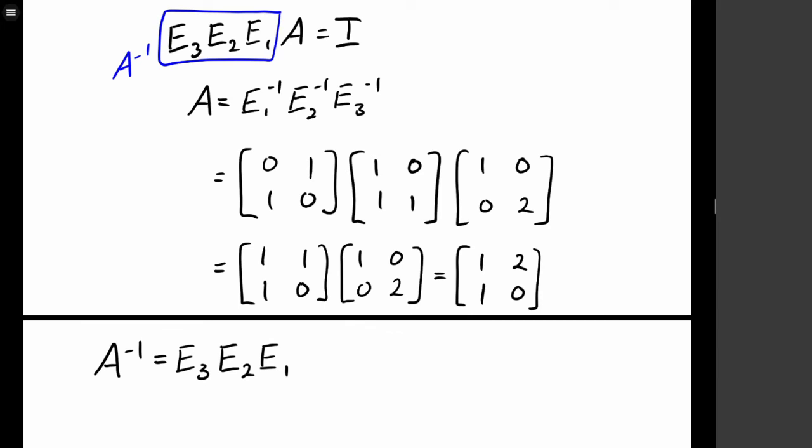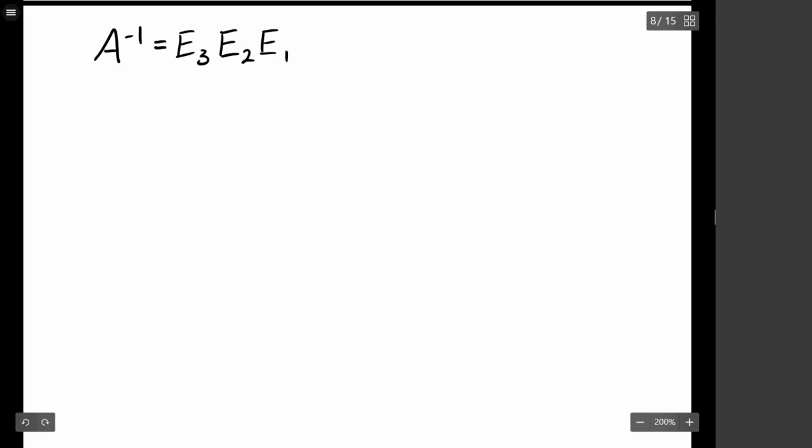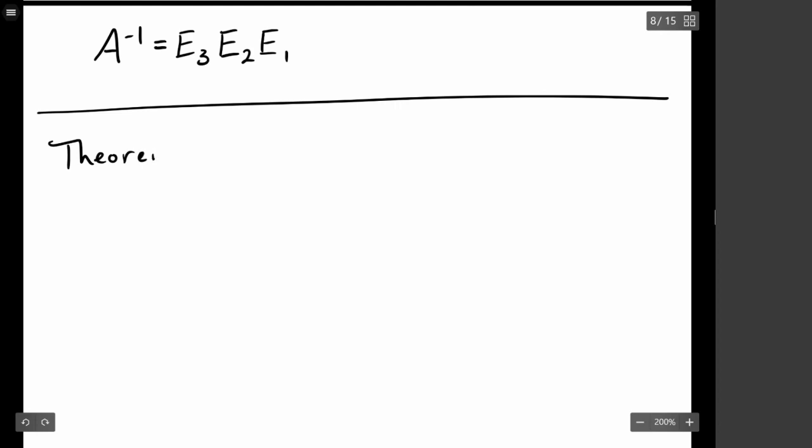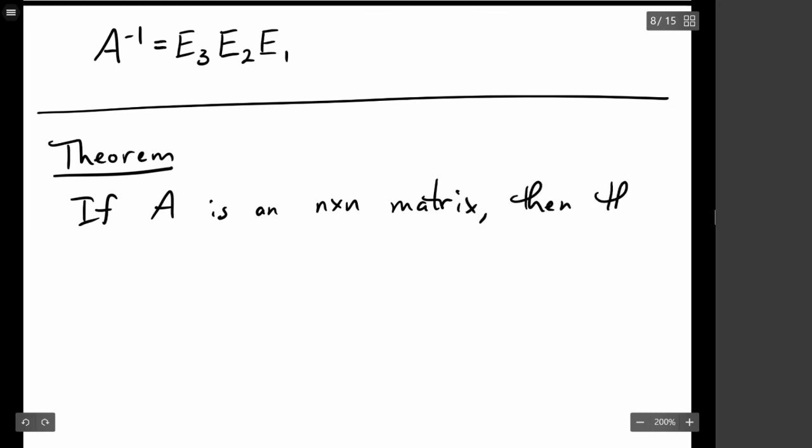So to wrap this up, I know we've gone on a bit in this video, but let's summarize all the stuff we've been talking about. So, a theorem here. If A is an n by n matrix, then the statements below are equivalent.